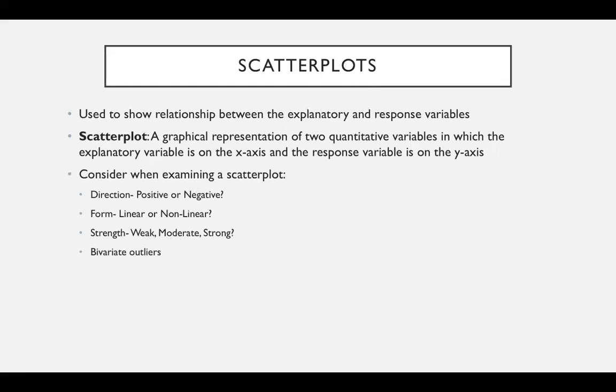Then whether it's linear or nonlinear, if the dots seem to go in the same direction, the strength of the scatter plot, how strong the relationship is between the two variables that you're comparing, and then just looking for outliers there.